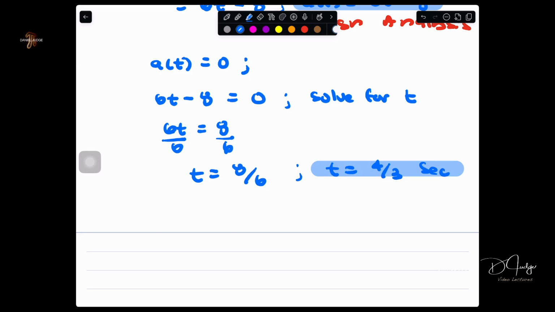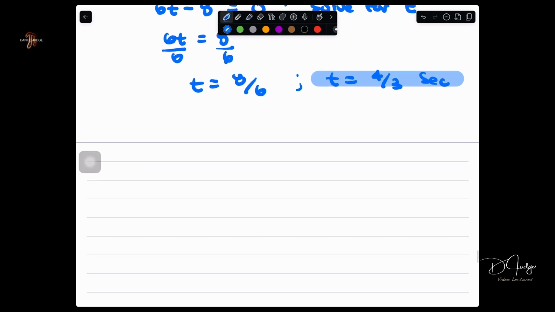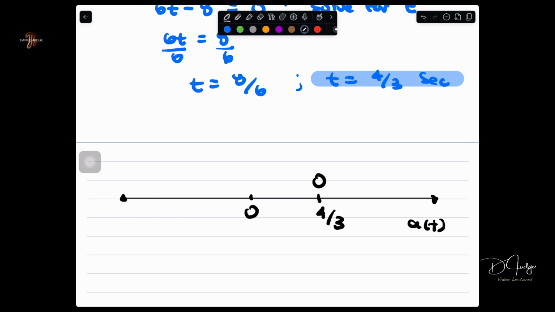All right. So by sign analysis again, on the acceleration function, 0's in the middle here. 4/3 is to the right. Now this is sign analysis on the acceleration function.